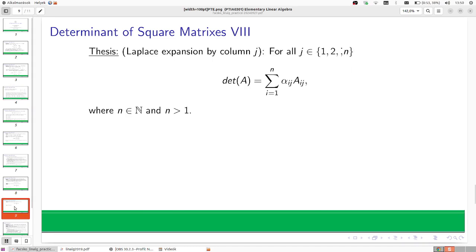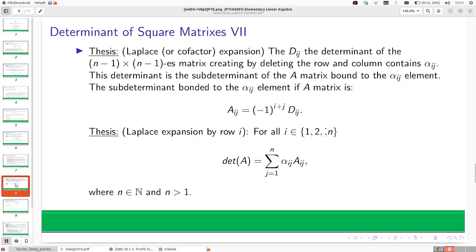At the very end, this is the theory for this, Laplace or cofactor expansion. This is one element, this is one matrix, and you go through, and this is the sub-determinant, and this is the calculation, the chessboard rule that I mentioned to you. It is written here, it's just difficult to understand. Okay, I see.